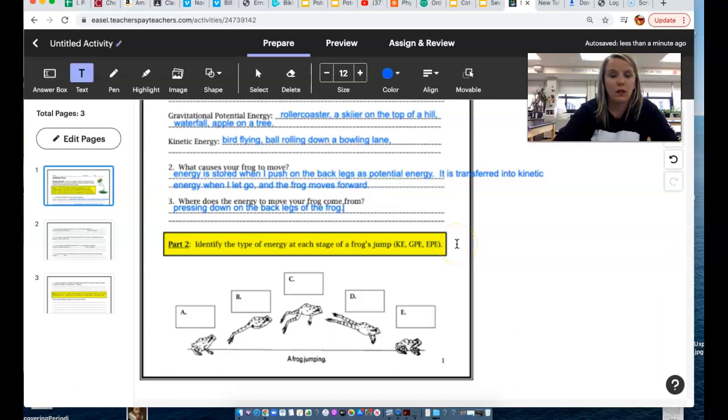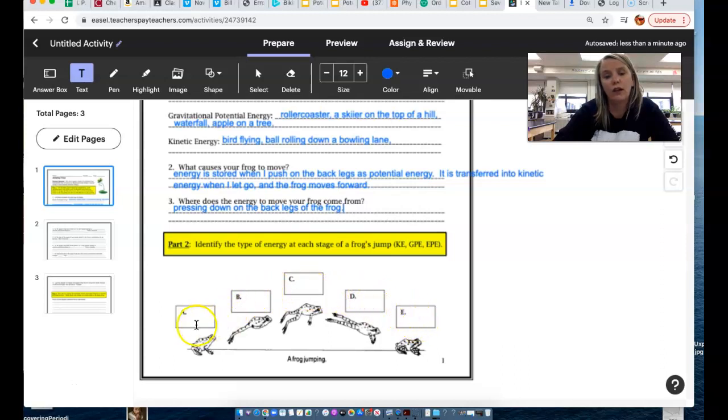So what do you think? Remember that the energy of motion is kinetic energy. So anytime this frog is moving, it's going to be kinetic energy. When a frog is jumping, for a split second, it's going to have a little bit of hang time up here, right? Before it has downward movement, and then is at rest again.